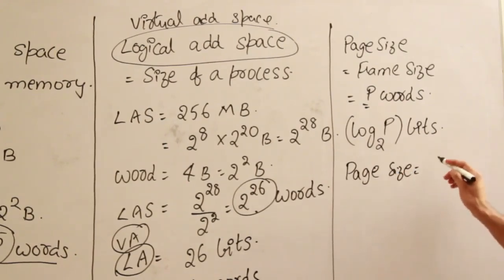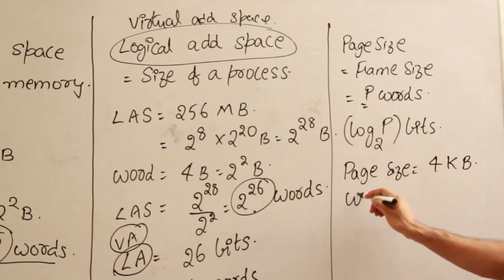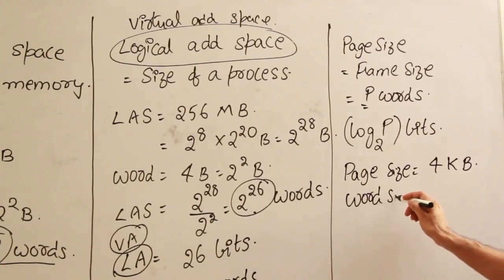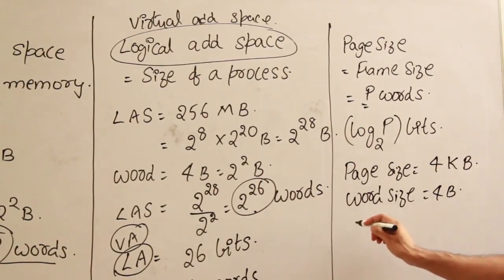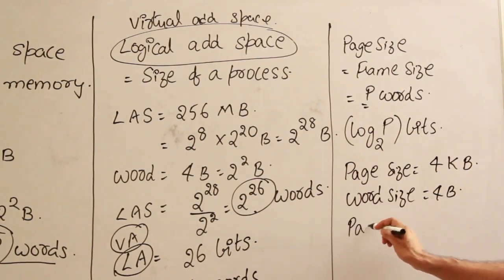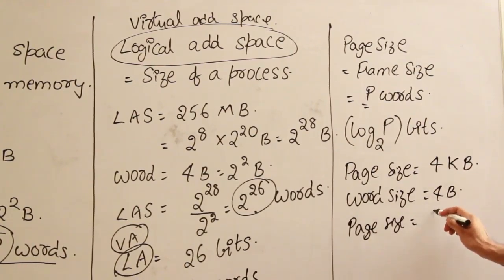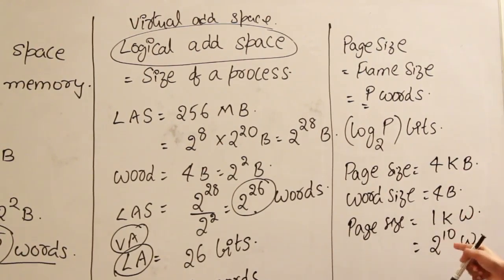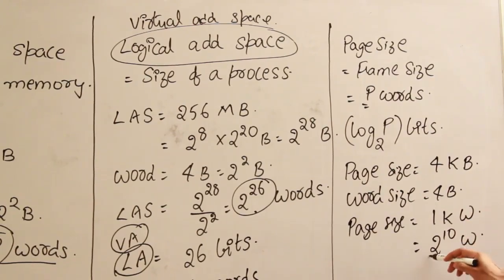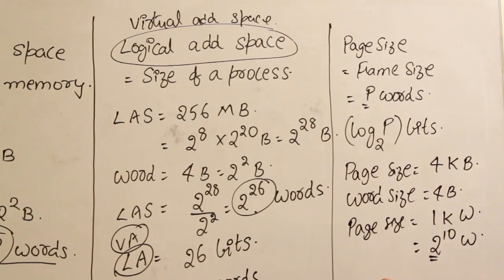Let us say page size is 4 kilobytes, and the word size is 4 bytes. Then how many words will be present per page? Then page size in words will be 1 kilo words, which is nothing but 2 power 10 words. Then how many bits are required in order to address each word? The number of bits required will be 10 bits, right?